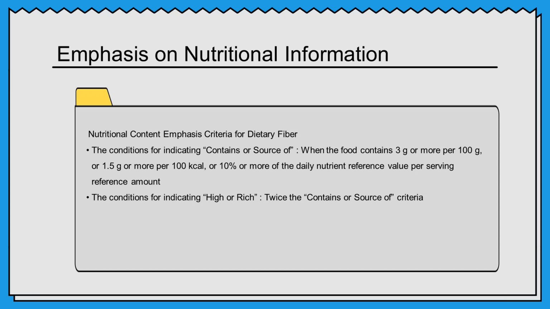However, in such cases, the indication must include the mandatory 9 nutrients specified in the standards for labeling of foods, including calories, sodium, carbohydrates, sugars, fats, trans fats, saturated fats, cholesterol, and protein, alongside the nutrient you wish to emphasize. Note that to indicate "high" or "rich," the criteria should be twice that of "contains" or "source of."